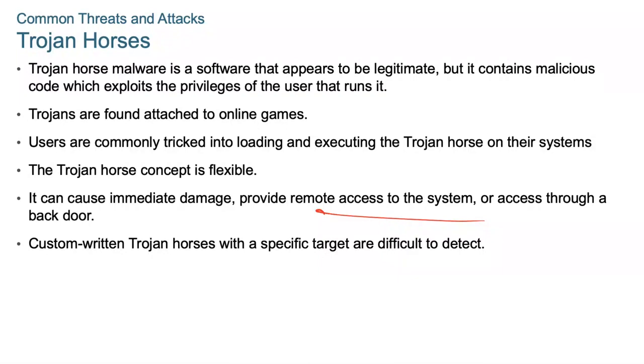So the custom written Trojan horses, such as those with a specific target, are difficult to detect, in these the executable program runs in the background. So Trojan horse classification can be done in a different manner.